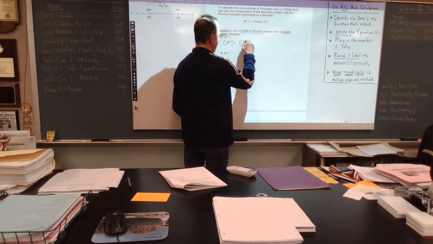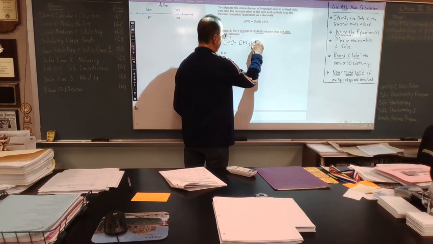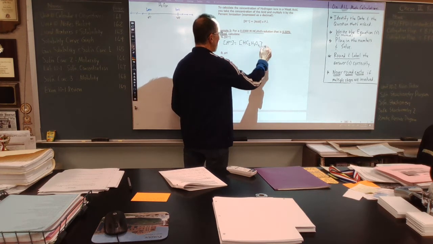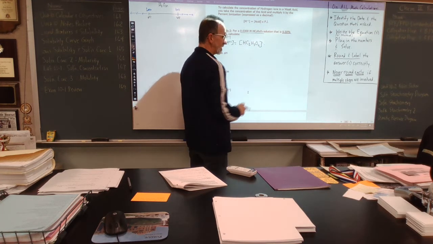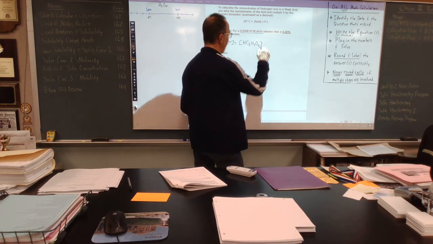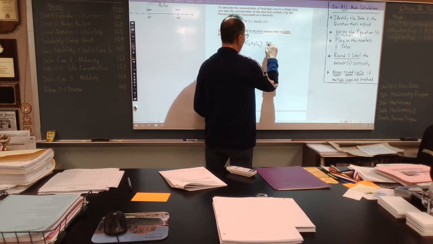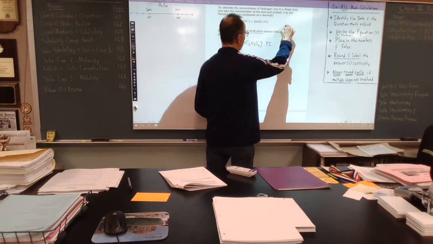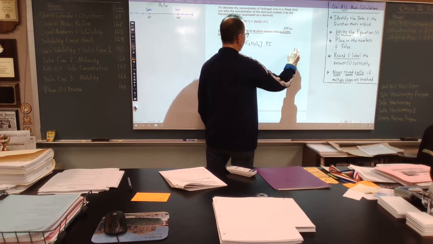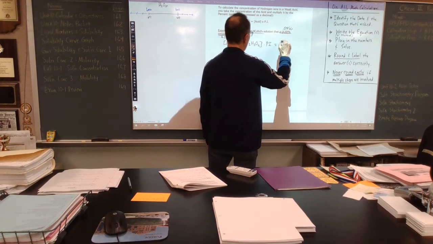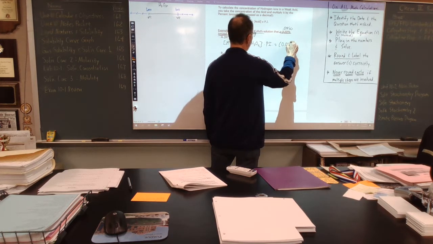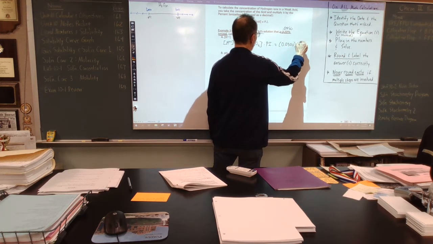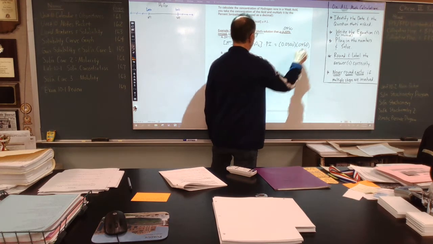this would be the acetic acid concentration times the percent ionization, again expressed as a decimal. We can do that right now, so we move the decimal 2 places to the left, so we get 0.0950. So that would be 0.0300 times 0.0950.